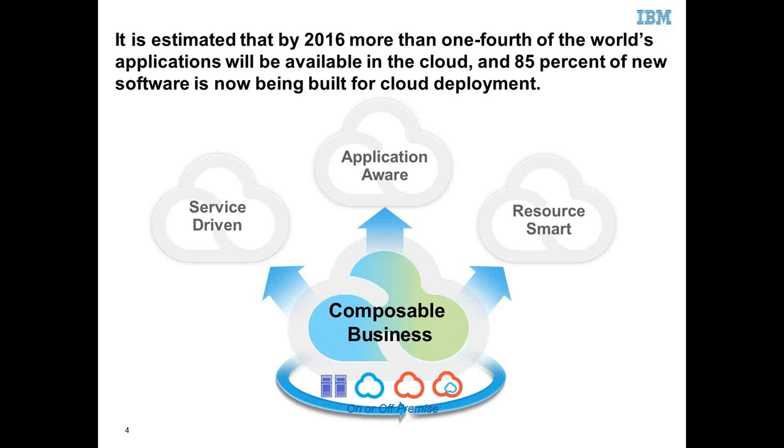Instead of just having their own data centers and managing their apps themselves, they may be using other models like public clouds or managed clouds, hosted clouds, or SaaS-based services wherever possible, or maybe a mix of all of these.